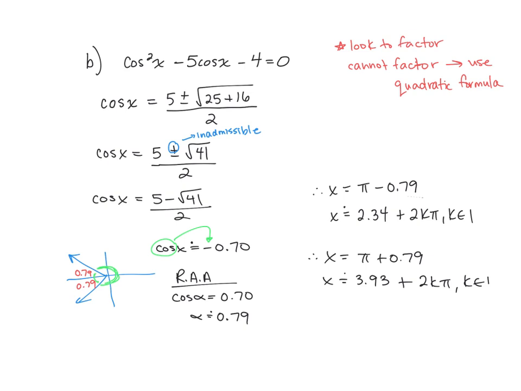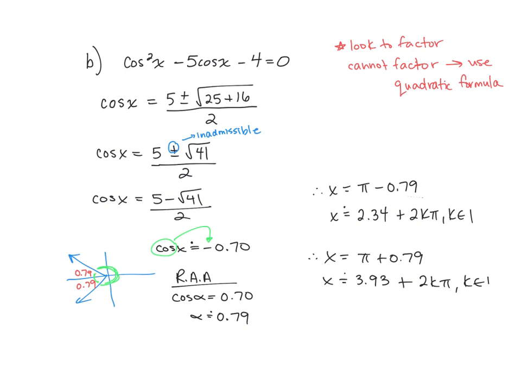We just used quadratic formula for a trig equation. That quadratic formula gave us obviously an approximate, and it was negative, our ratio, so we used that negative to then find our related acute angle, and then we use that information to interpret where these values for x actually occur.